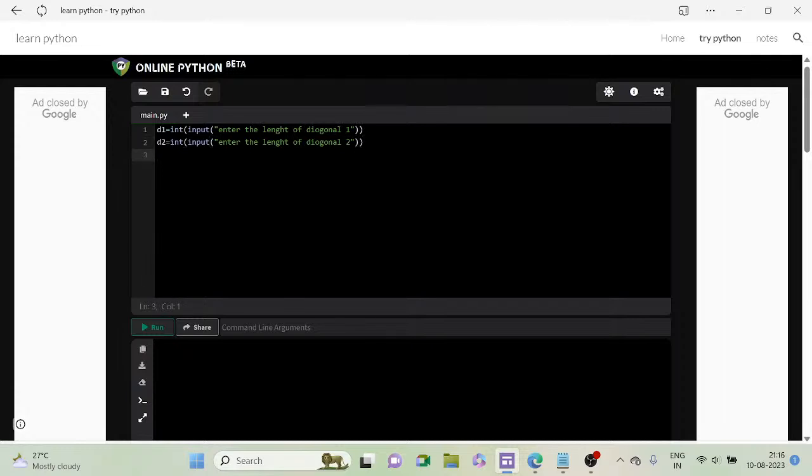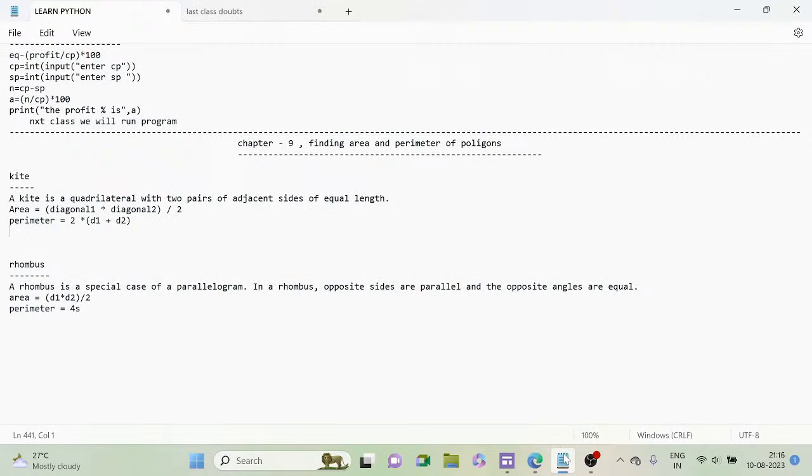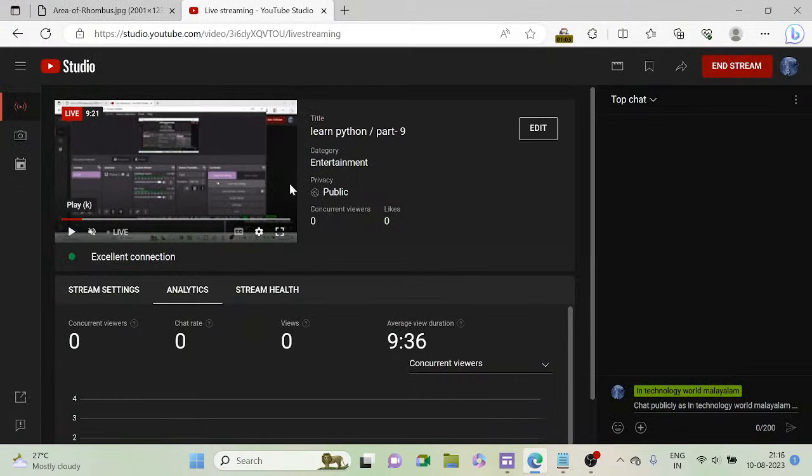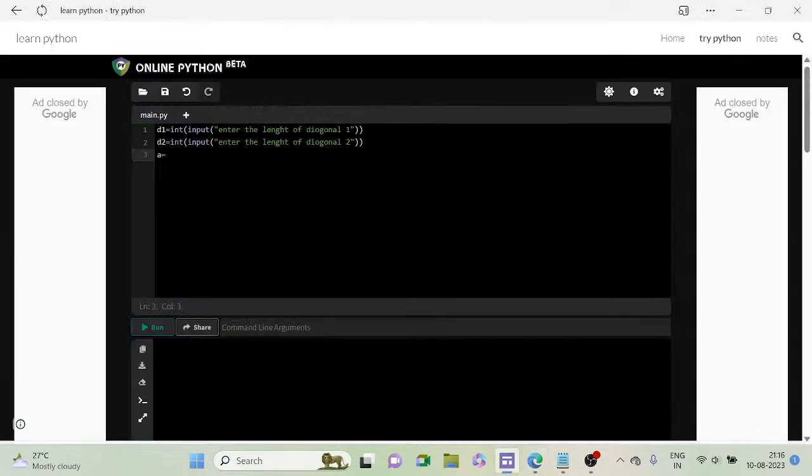Then for area, the equation is diagonal 1 into diagonal 2 by 2, so bracket d1 into d2, divide by 2.